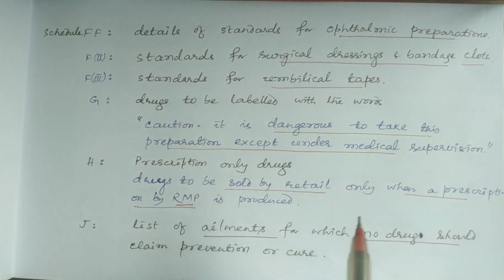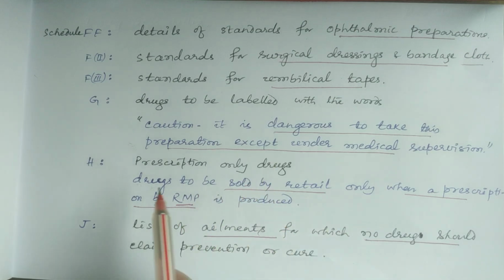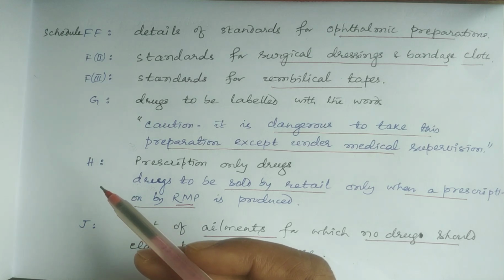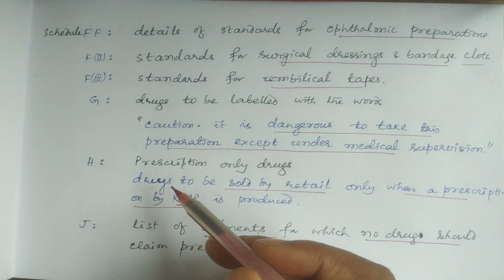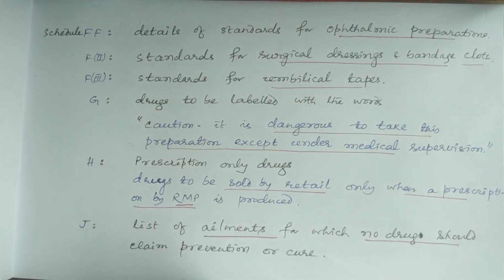When the patient shows the prescription, then only these drugs should be given, and most of the drugs fall under Schedule H. So as far as important schedules, in common usage we say Schedule G and Schedule H.